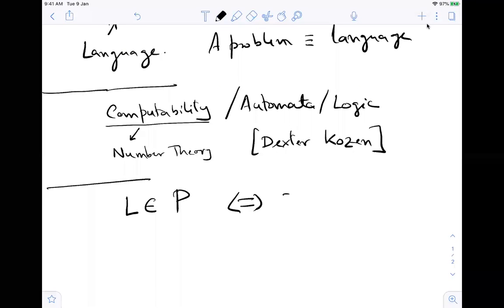L in P means, if for all, okay, maybe not for all.